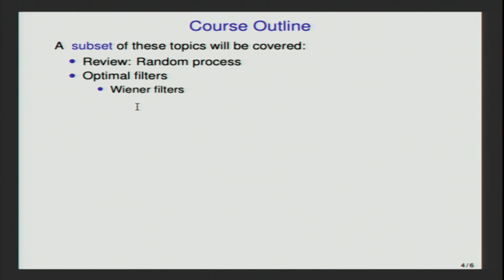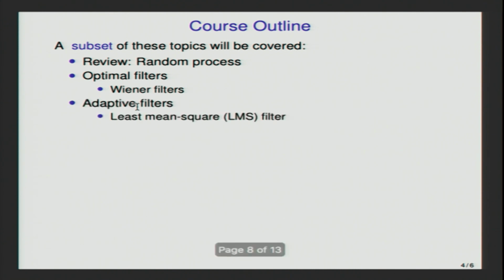These are some of the things which we will cover under this topic on optimal filters. Once we know what is optimal in terms of performance, we will try to move away from optimum filters, which usually work under non-realistic assumptions. So we will relax these non-realistic assumptions and go to real world signals whose statistics may change with time. For example, we will move away from wide sense stationary signals to non-wide sense stationary signals and see how to handle such signals.